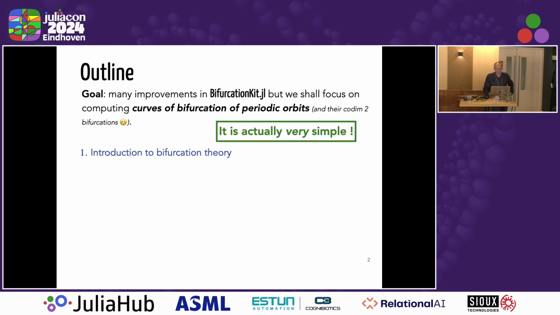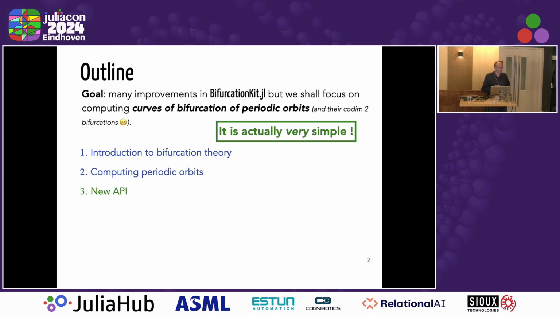The outline of the talk is: I will present very briefly what bifurcation theory is, so that people who don't know it don't get lost, and people who do know it will be bored. Then computing periodic orbits: you will see the different methods used in the package to compute periodic orbits. This is the math part, in blue.